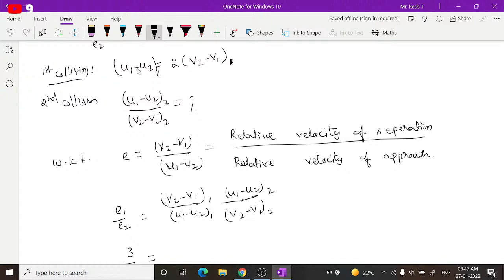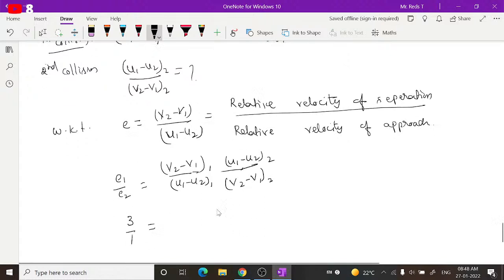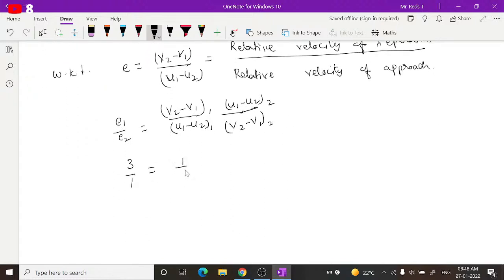We want V2 minus V1 by U1 minus U2 for first collision. We bring this here and if you send this 2 here, then we will get 1 by 2. So this you can replace. If you replace with 1 by 2, then you will get 1 by 2 into U1 minus U2 divided by V2 minus V1 for second collision.